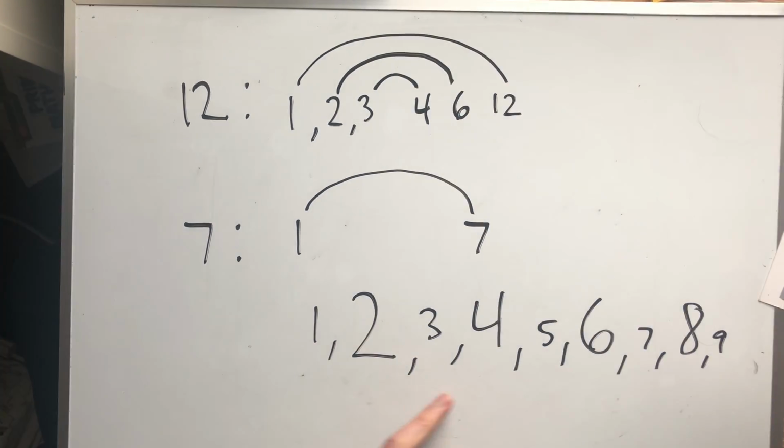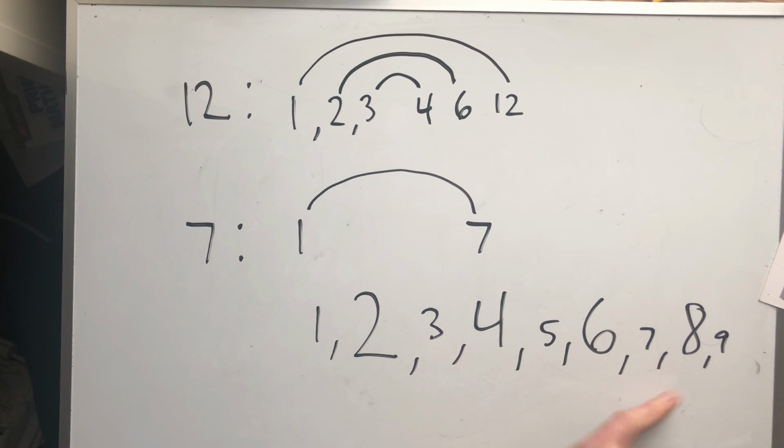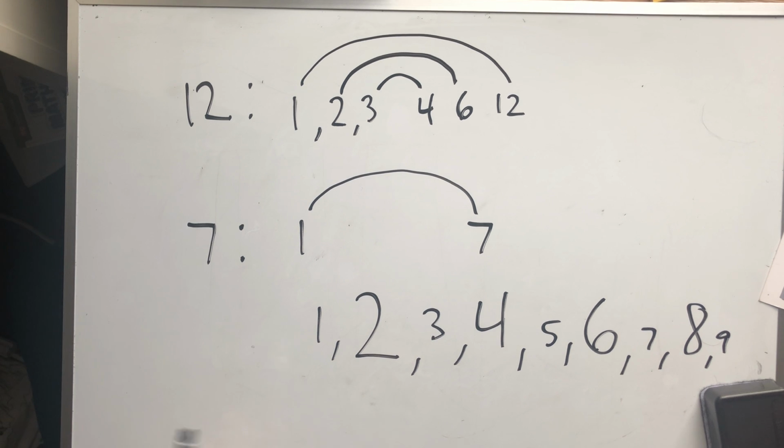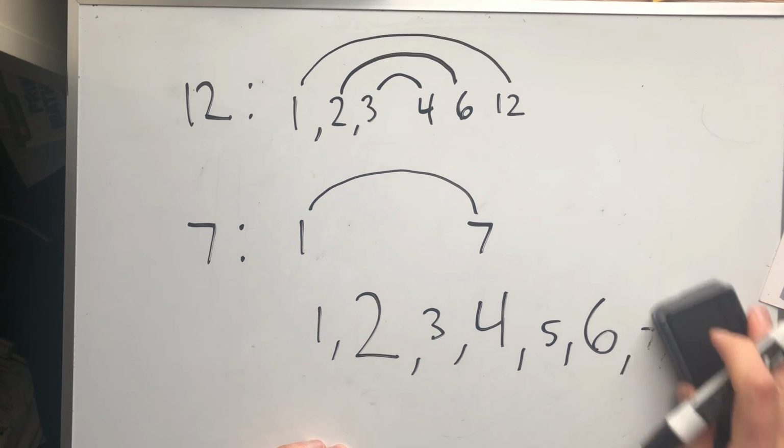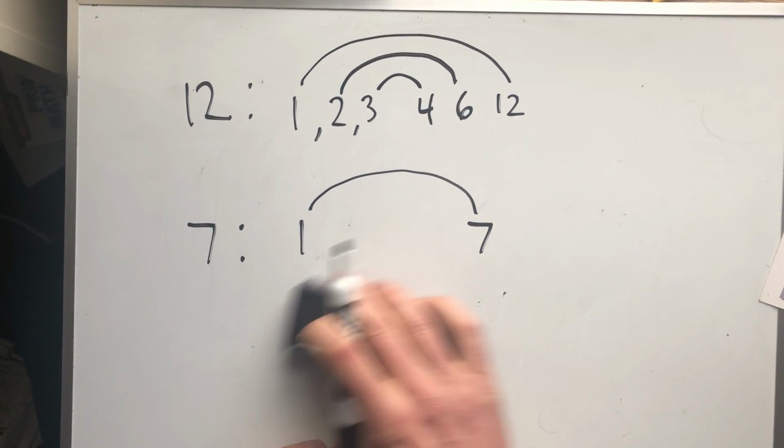So that's how it goes. The even numbers can have pairs in them, but the odd ones don't all come in pairs. You can't count by 2s to get to it, in other words.